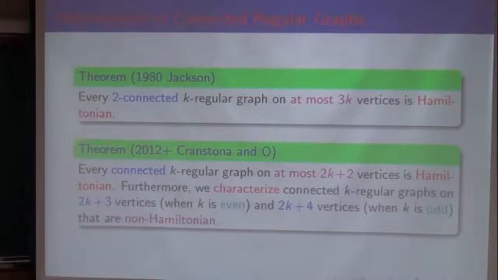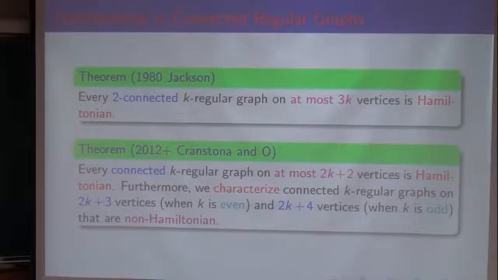And actually, we characterize the smallest connected k-regular graph without a Hamiltonian cycle. But I told you that having a Hamiltonian cycle is stronger than having a Hamiltonian path.